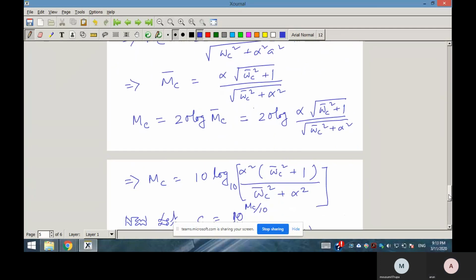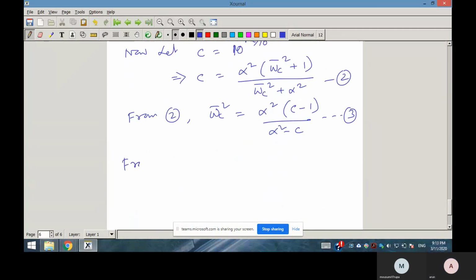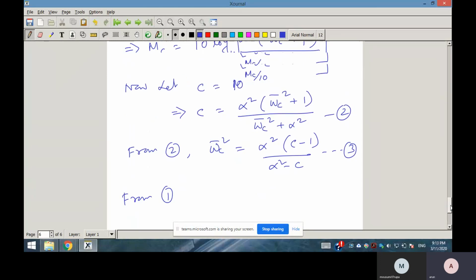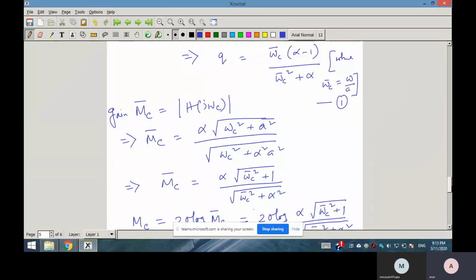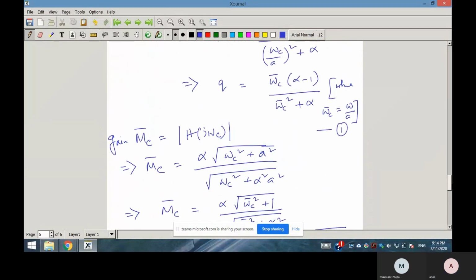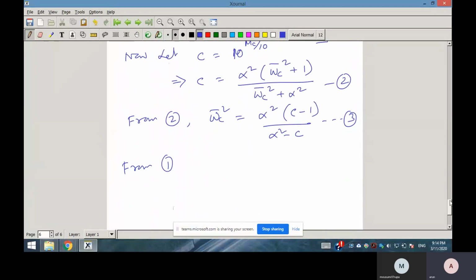Now from 1, we are getting q square equal to omega c bar square plus alpha, this whole square into q square. This is equal to omega c bar square into alpha minus 1 whole square.